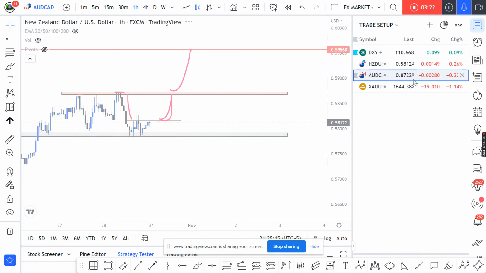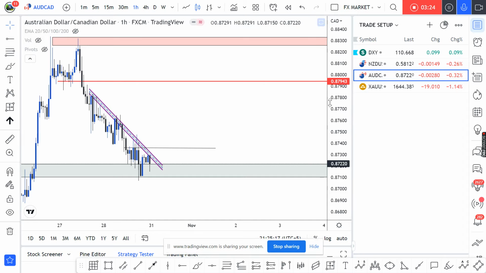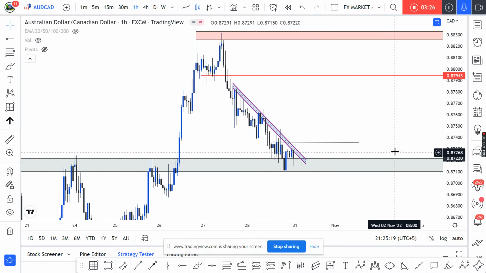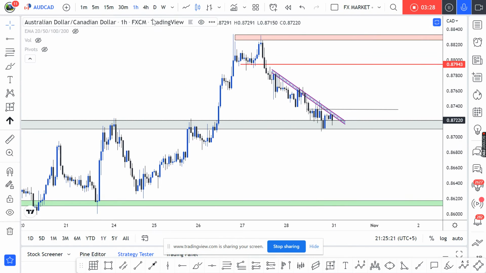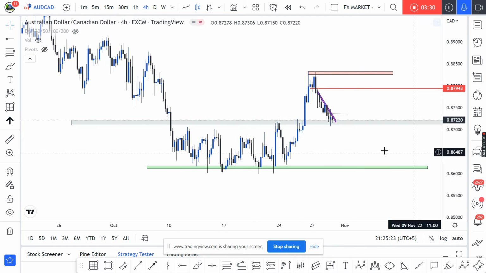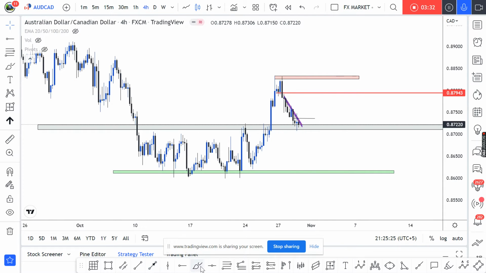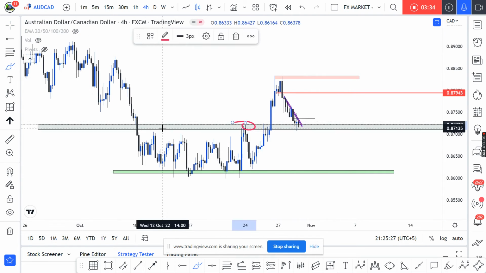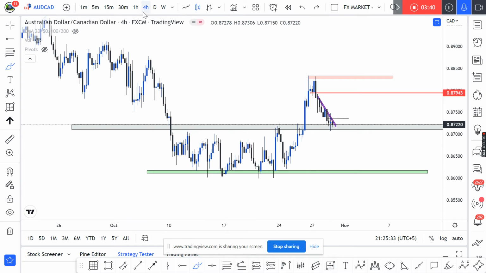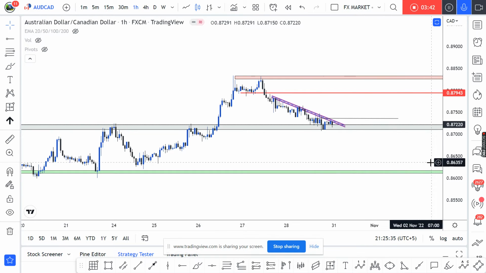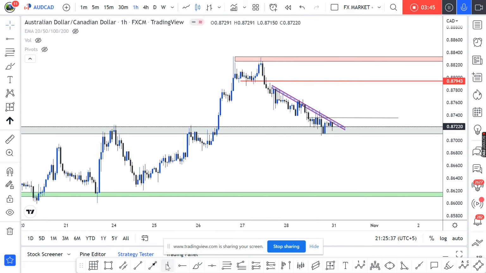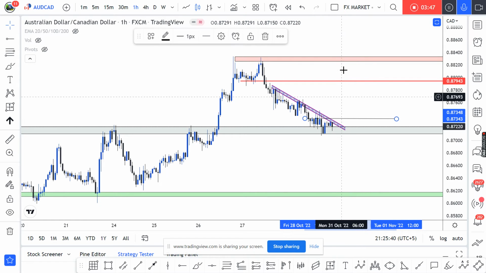All right, so the next setup is AUD CAD. In the AUD CAD, you can see that in the 4 hour, price broke this area of previous market structure, and now comes to retest this resistance as a support area. In the 1 hour time frame, you can see that price also respects this area of resistance trend line.